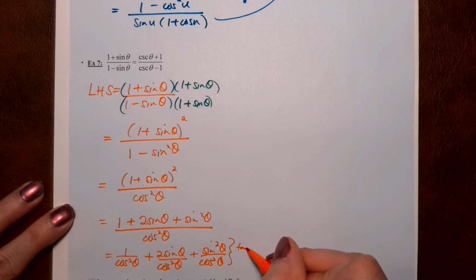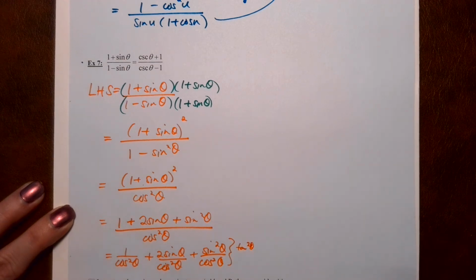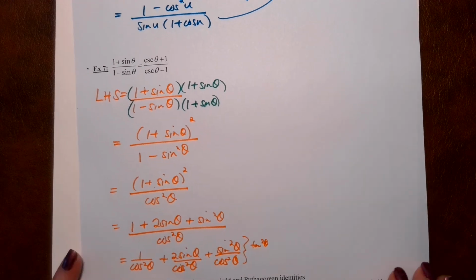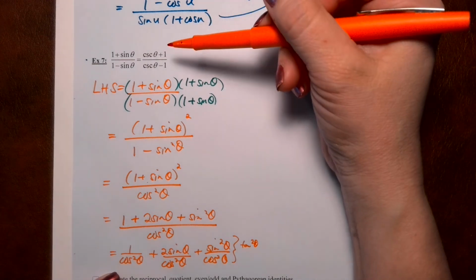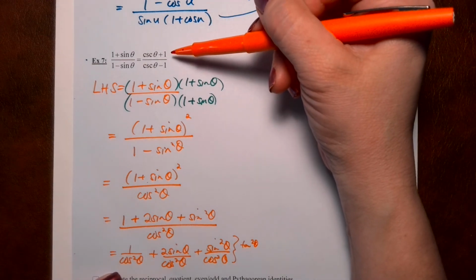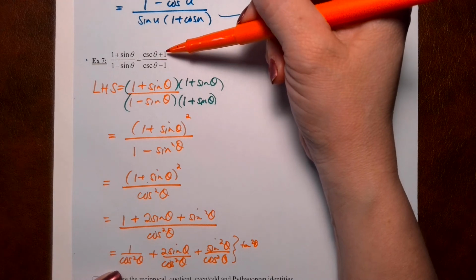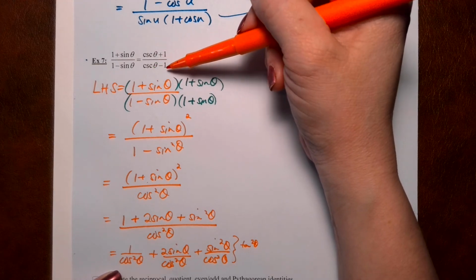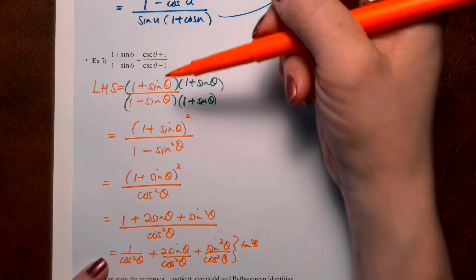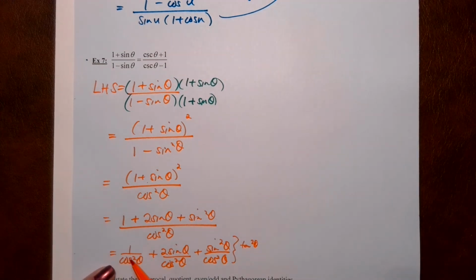When you think of that, that makes me say tangent squared, right? This is tangent squared. Let's go take a look at the problem again. Oh no. We're supposed to be making cosecant plus 1 and cosecant minus 1. Well, this is a secant squared. This is a tangent squared.